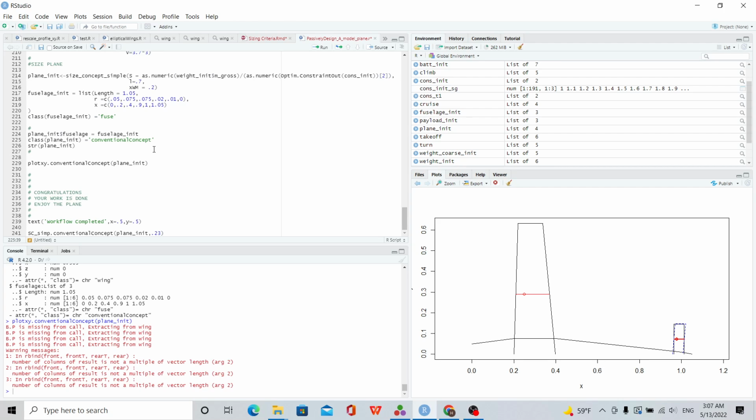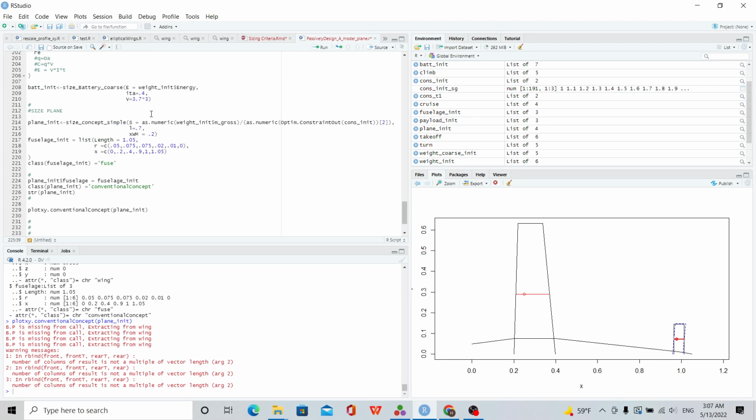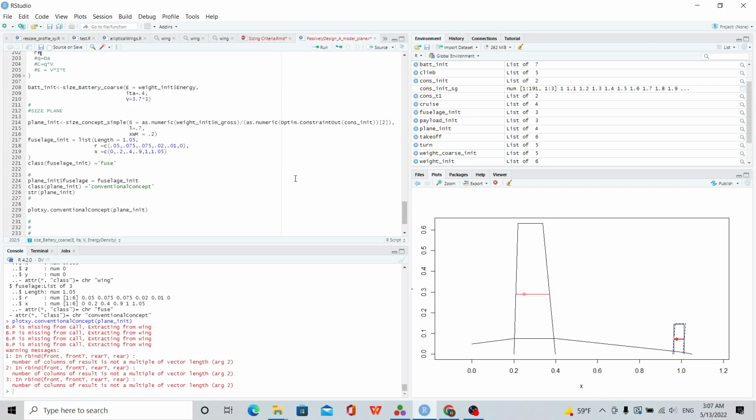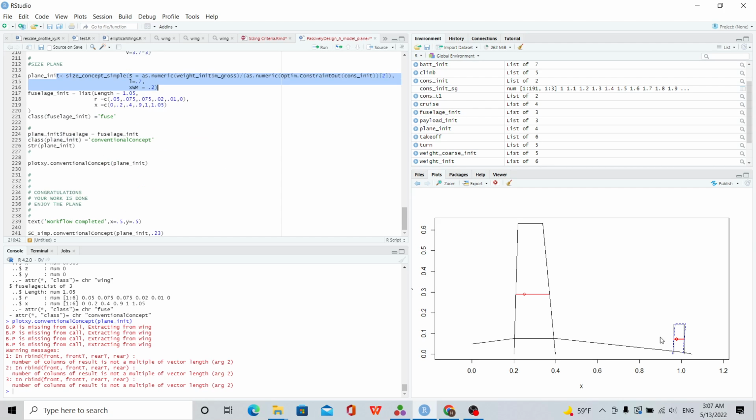you could make a flying wing for example, and there's not much difference between developing a plane in the conventional way and the non-conventional way, because the only thing you've got to figure out is how to size the tail, the wing, this stuff.